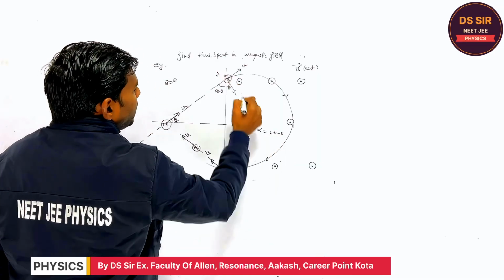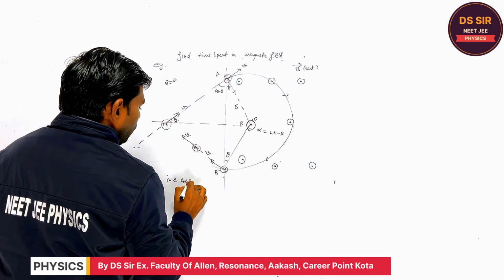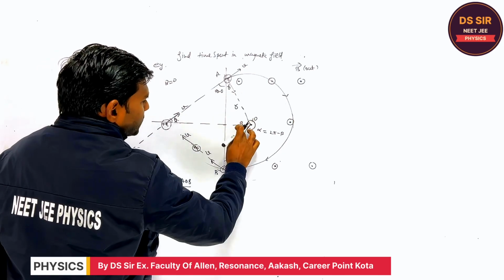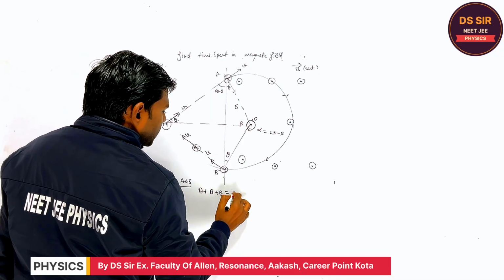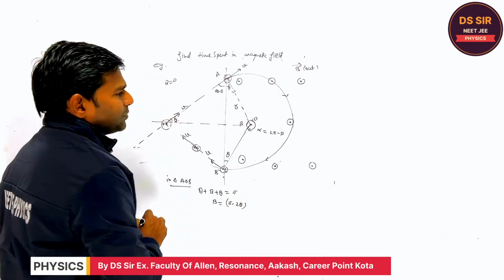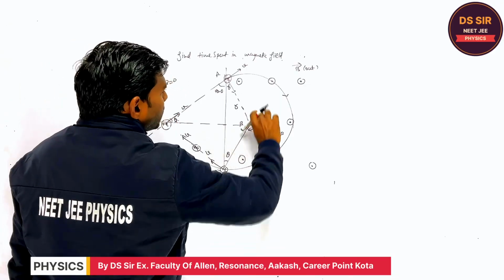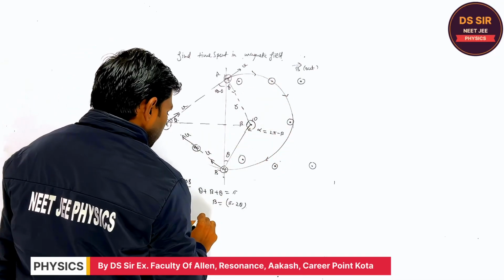In triangle AOB, theta plus beta plus theta is equal to what? Pi. Beta angle is pi minus 2 theta. Are you getting? Therefore, the angle subtended by this circular arc at the center is what?